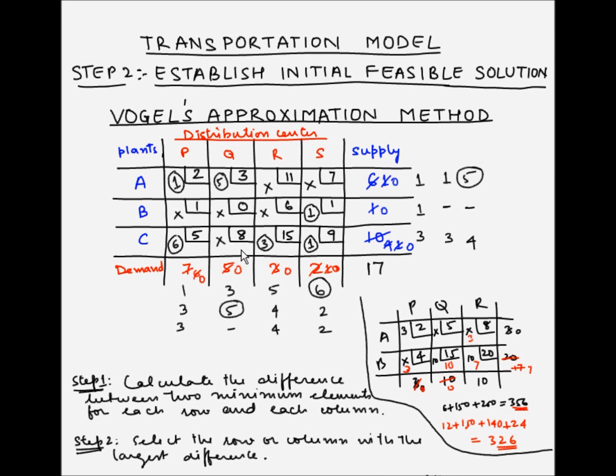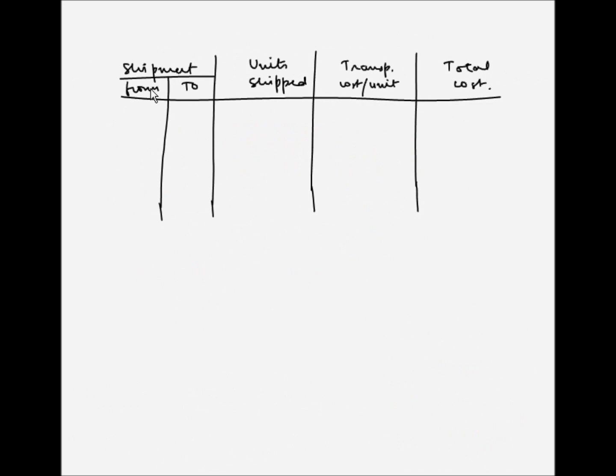Let's find out the cost or the total cost achieved by this allocation. So we have shipment from and to, units shipped, transportation cost per unit, now this is in hundreds, and the total cost. So first shipment is from A to P, unit shipped is 1, the transportation cost is 2, so 2 multiplied by 1 is 2.